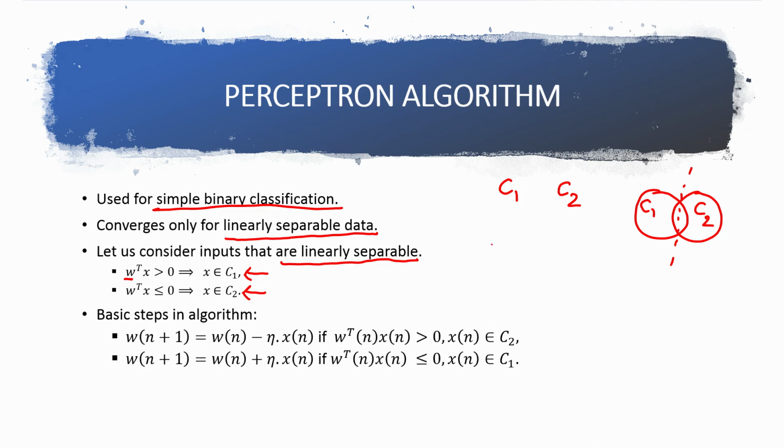That is, in the case of inputs, say we have a class of this form and another class of this form. Say this is C1, this is C2. Similarly, maybe the two classes are of this form.